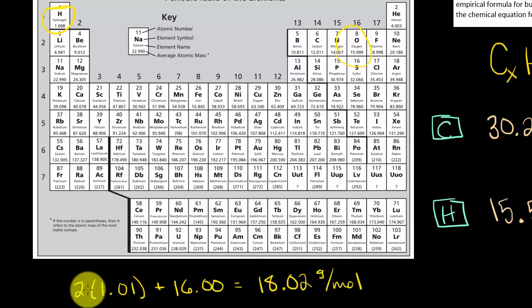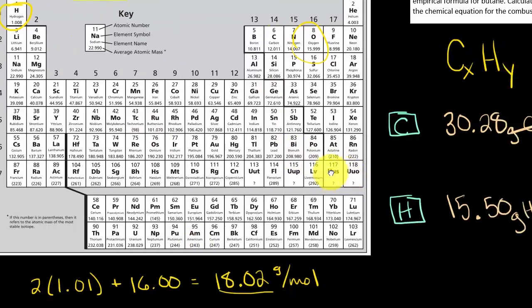Now, I don't bring up the calculator to do this because I really encourage people to do simple math in their head, come up with ways to get this done in your head, because I really think that helps our math skills. So I'm not going to bring up the calculator for simple addition and multiplication like this. We're going to do this one in our head. If you'd like to, you can always pause the video and put it into the calculator and see that we get 18.02 grams per mole.